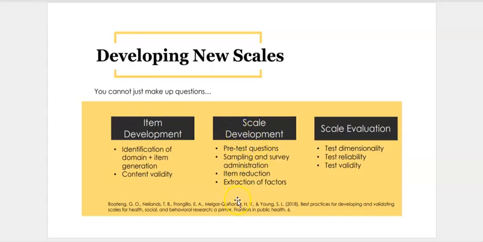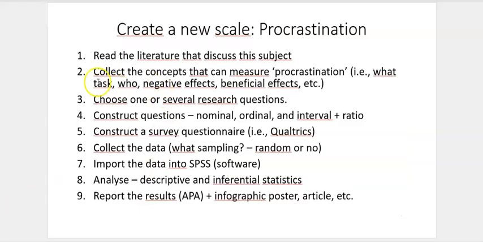Of course, you will then do many tests. Finally, when you have your scale, you have to evaluate whether the scale is reliable and very valid to use. So those are the general steps for creating a new scale.